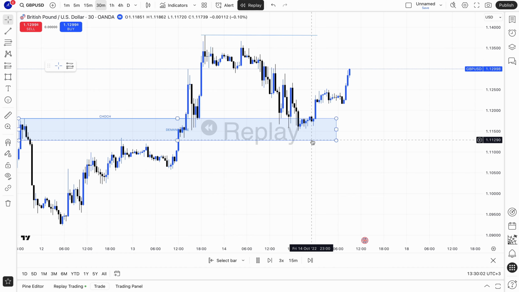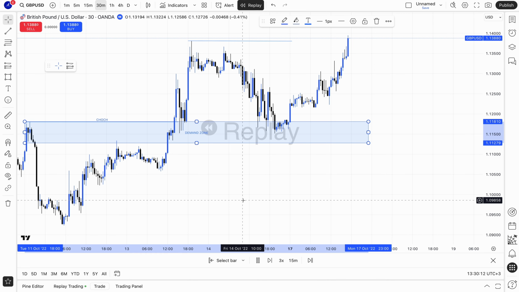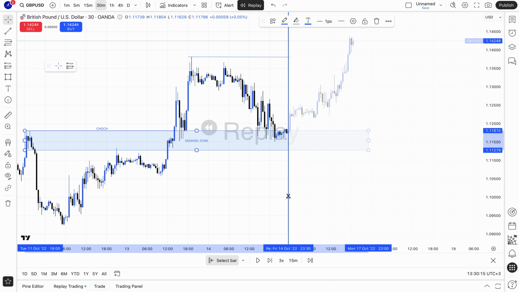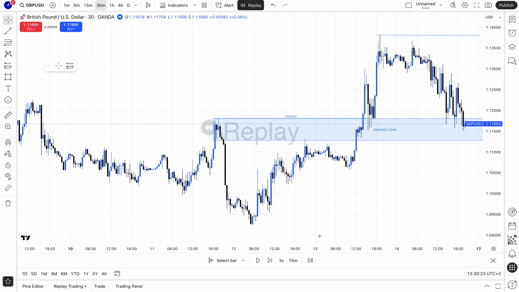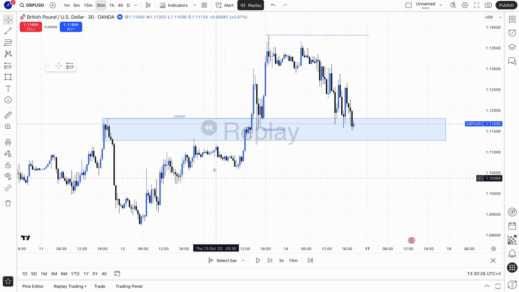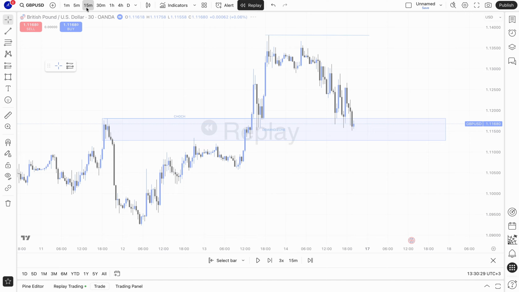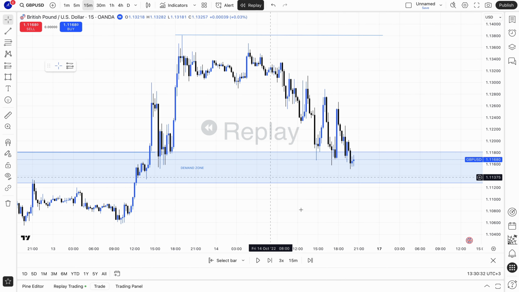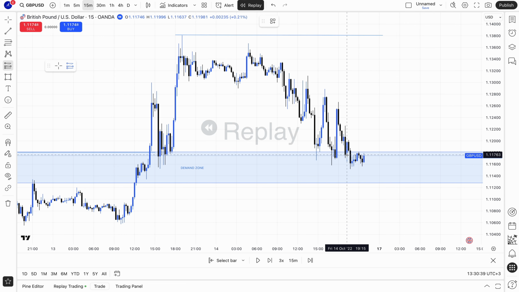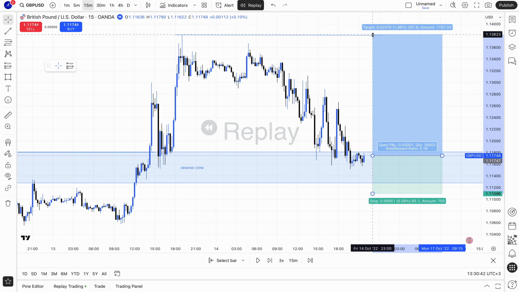That means we had to put our stop loss just below here. This break, that was our confirmation for the second trade. Just below here.